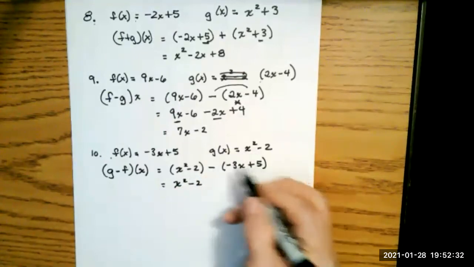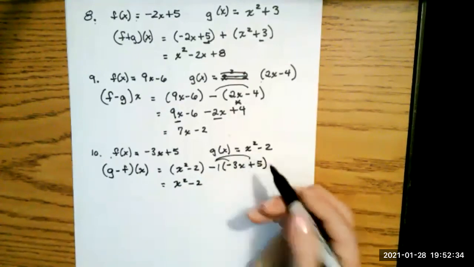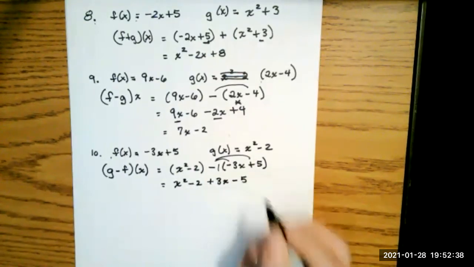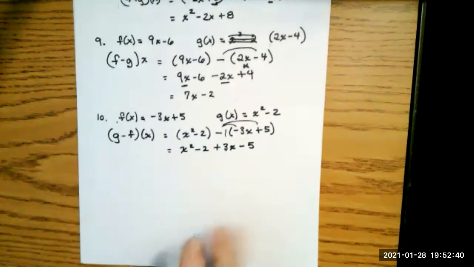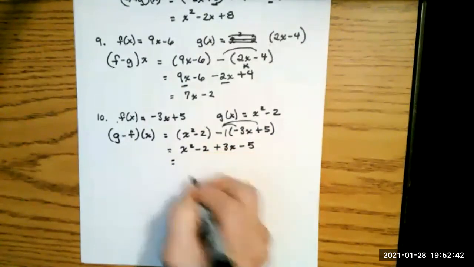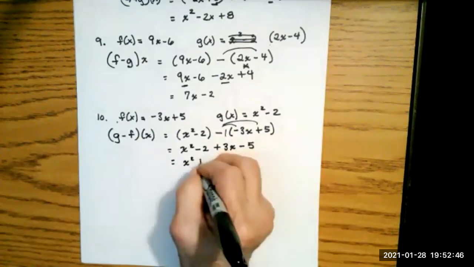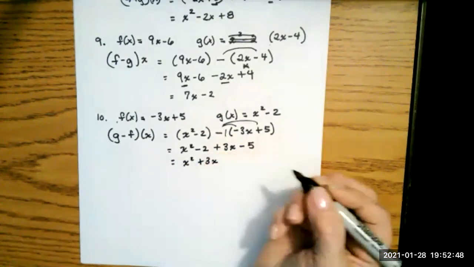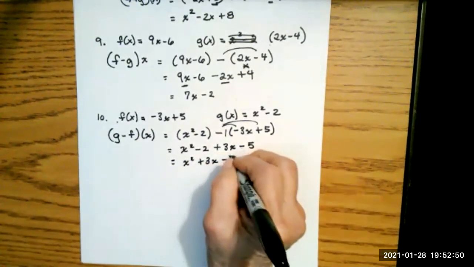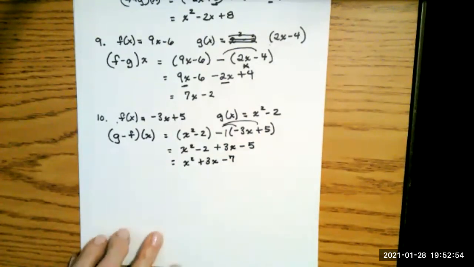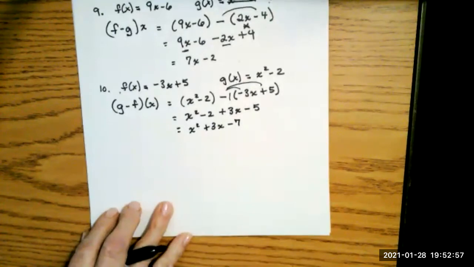But this one, as you distribute that negative 1 across there, is going to become positive 3x minus 5. So be careful with that. And now to put them in decreasing order or descending order, we have x squared plus 3x minus 7 for our answer, which is a parabola, so the domain would be all real numbers.